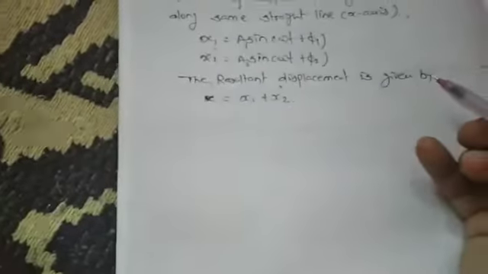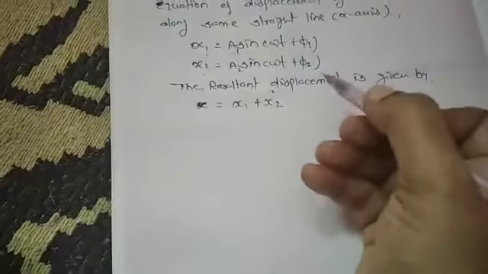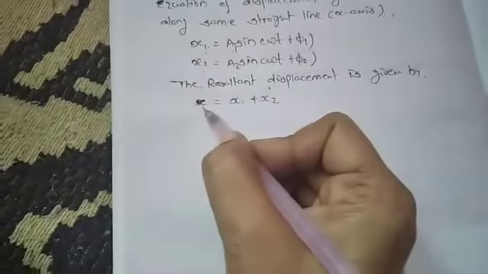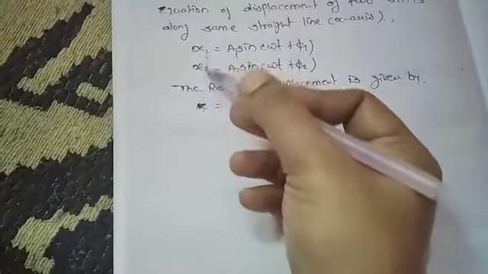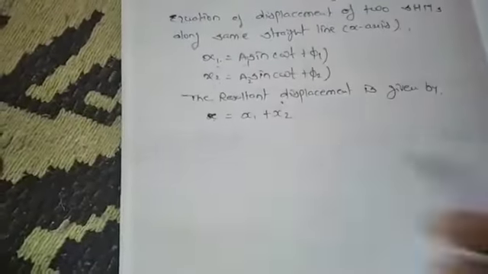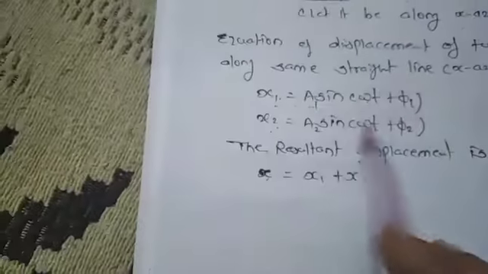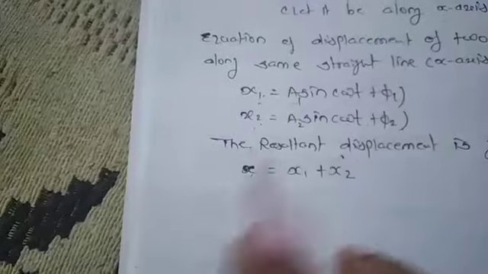Then the resultant displacement is given by x, that is x is equal to x1 plus x2. And we can say the composition of two SHMs is again an SHM.